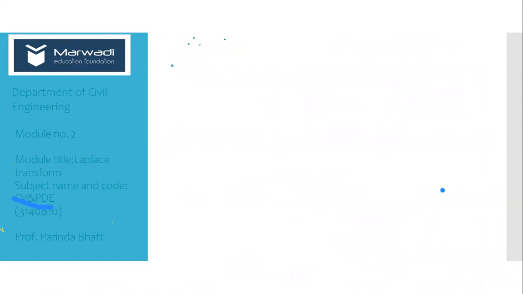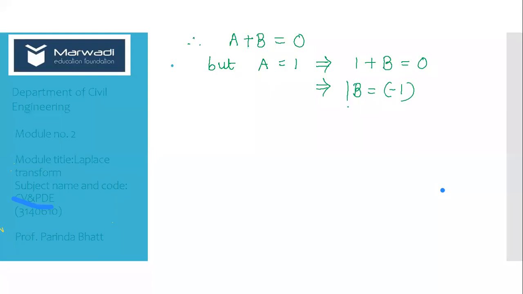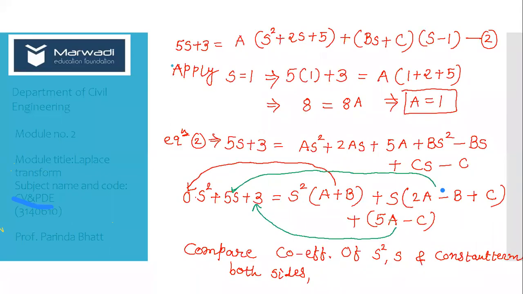Therefore, a plus b equal to 0, right? But we already got the value of a as 1. Therefore, 1 plus b equal to 0, therefore b equal to minus 1. Okay. Now in the previous slide, we have to find c, and the a and c combination is here.